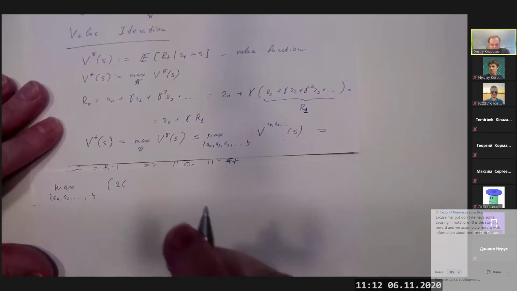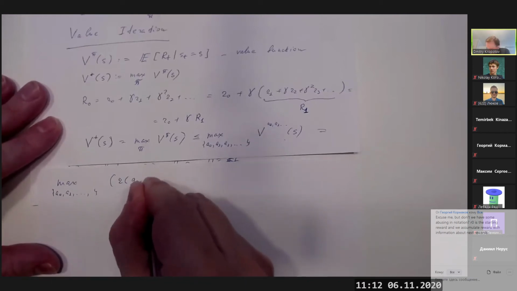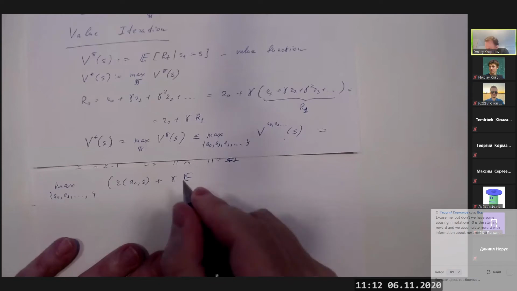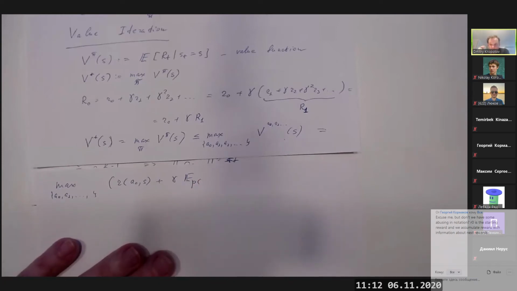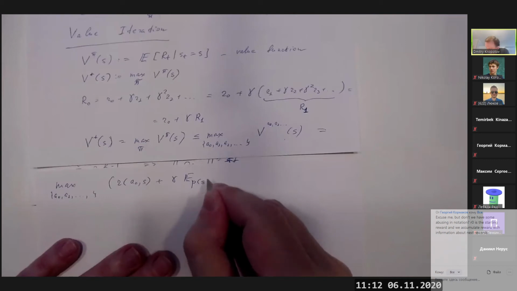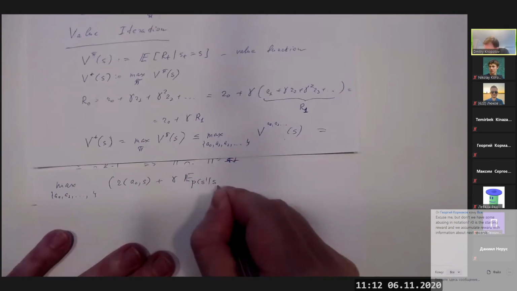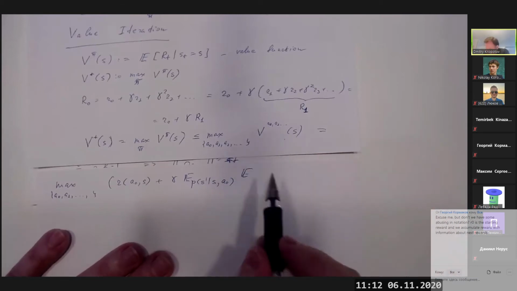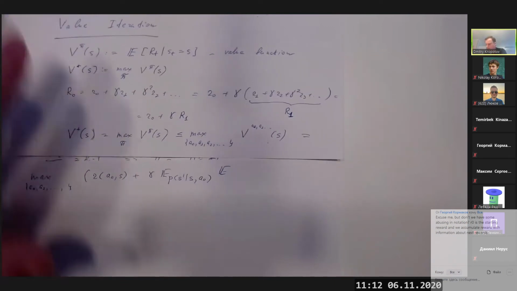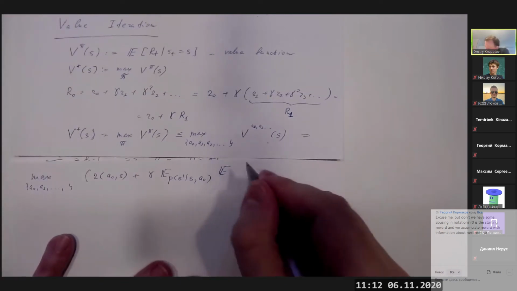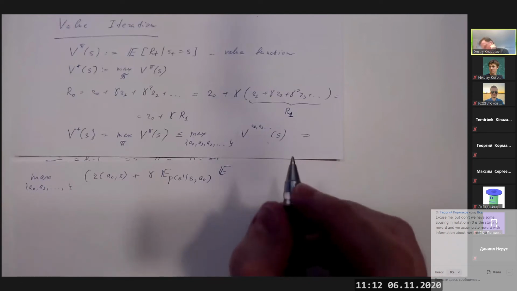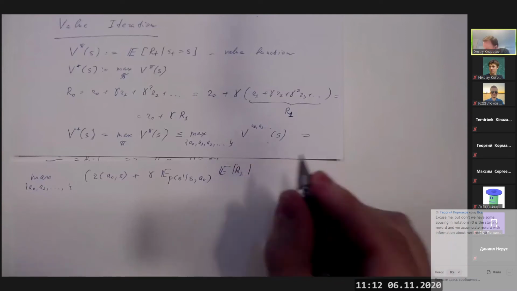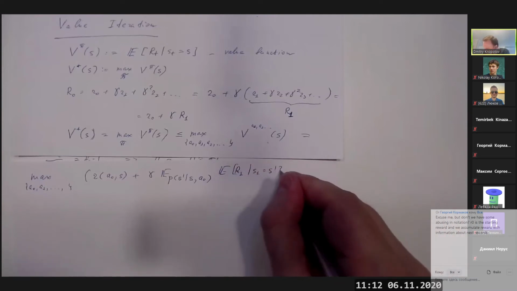This is our reward at the first time moment, plus gamma, then the expectation with respect to the transition probability on the first time moment, S prime given S and A0, then goes the expectation with all the remaining stochasticity in the MDP, and here stands the cumulative reward, R1 with S1 starting from S prime.